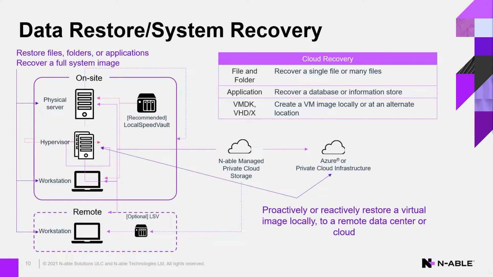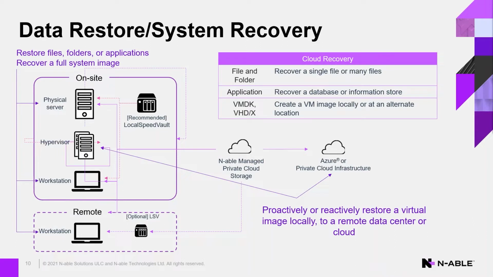Taking backups from either on-site or remote distributed environments, being able to back up through the firewall out over port 443, sending data that's already encrypted by the client, utilizing AES 256-bit encryption. I can send that to my local speed vault, which is recommended but not required.